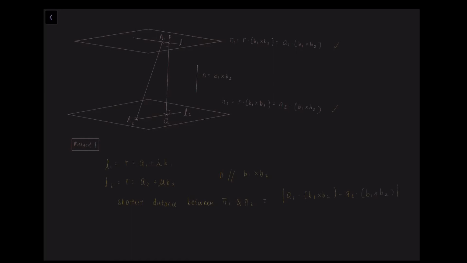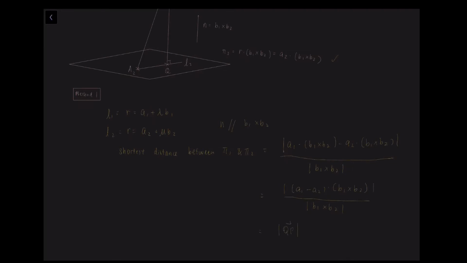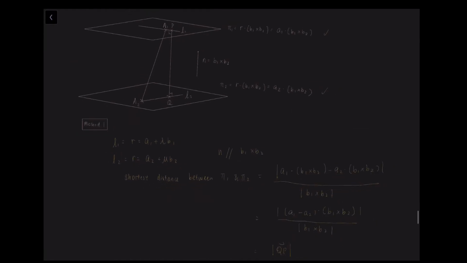This is because it is possible to find a point P on the line L1 and a point Q on the line L2 so that the vector PQ is parallel to B1 cross B2. The shortest distance between the planes pi1 and pi2 is given by the modulus of A1 dot B1 cross B2 minus A2 dot B1 cross B2, over the modulus of B1 cross B2.